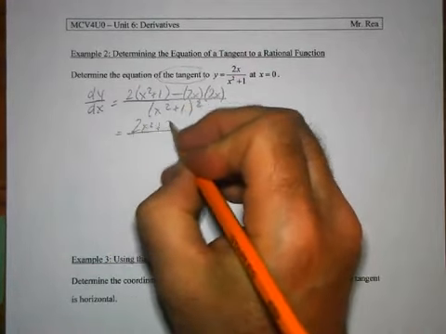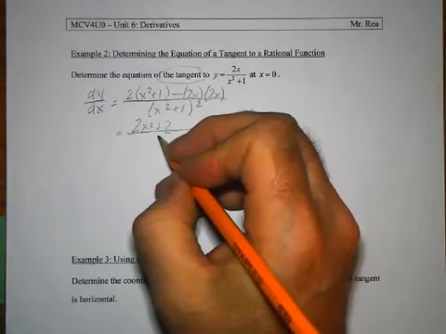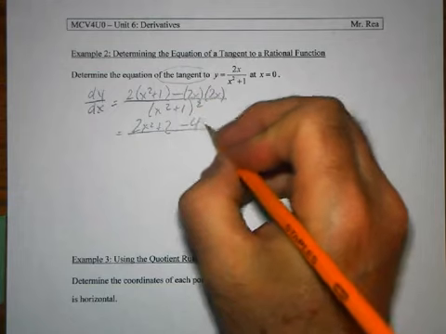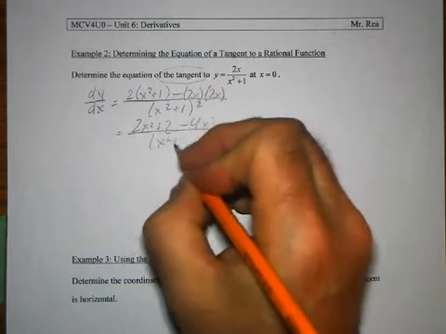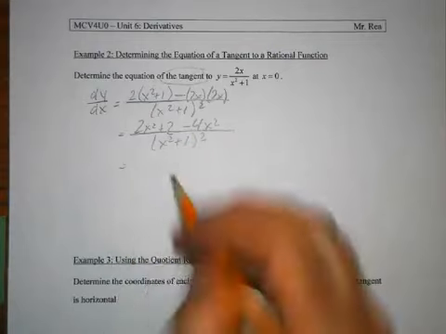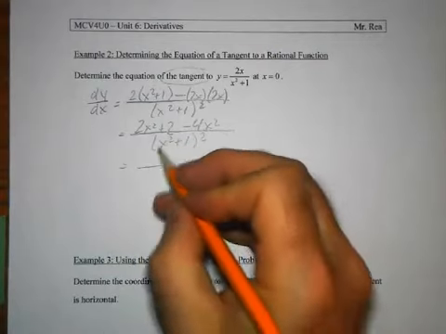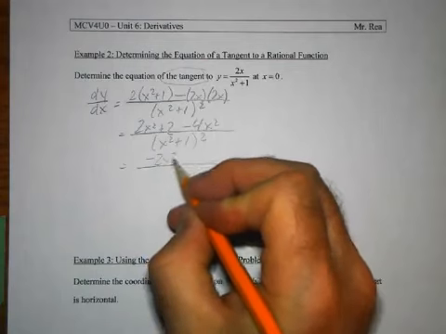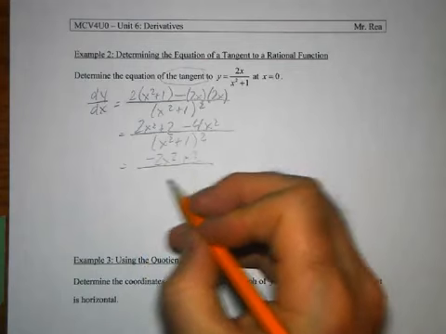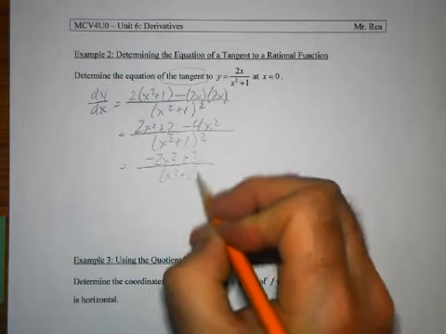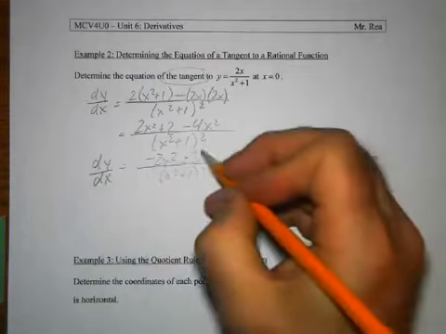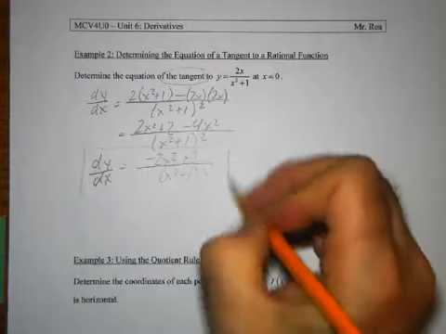You get 2x squared plus 2 minus 4x squared over (x squared plus 1) squared. And then we can just combine the 2x squared terms. We get a minus 2x squared plus 2 over (x squared plus 1) squared. So that's really what you're looking for there.